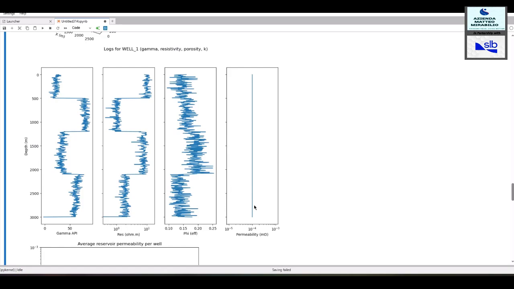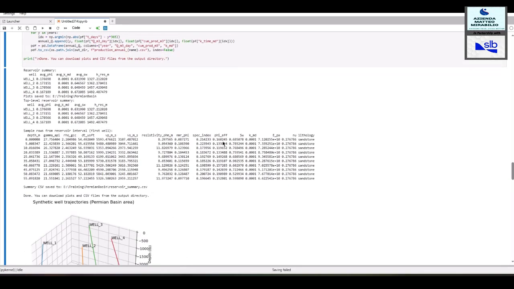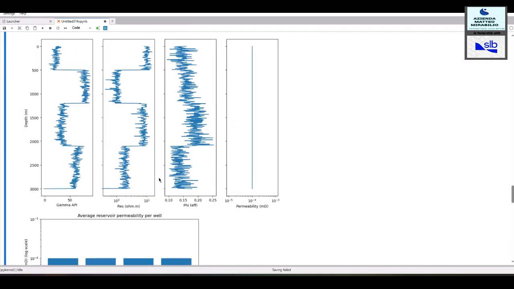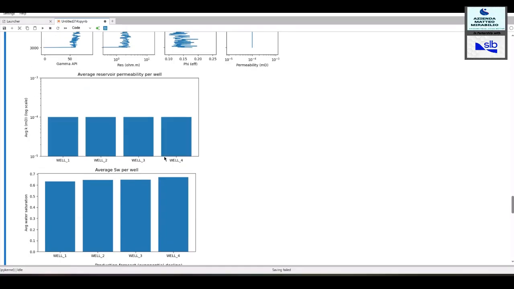So you can also extract the kappa value, that means the permeability. So this is a poor sandstone, so the permeability in this case remains constant around this value, 10 to the minus 4.